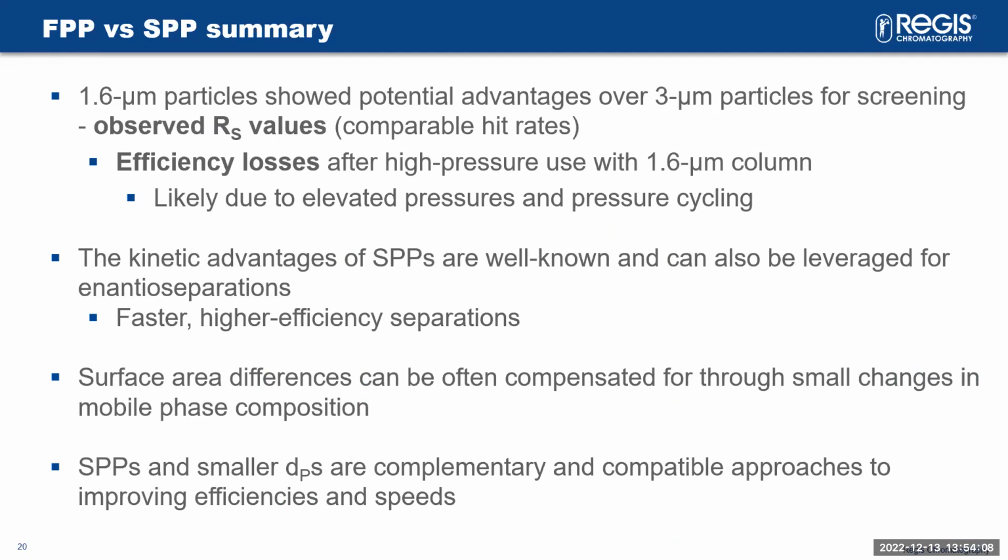So as demonstrated here, they're obviously useful for enantiomer separations as well. And although the chiral stationary phases that are available with superficially porous particles are somewhat limited at this time, they are clearly useful for accelerating methods, accelerated method development, and also for maintaining high efficiencies in chiral screenings.